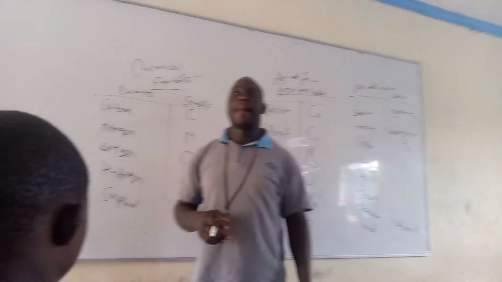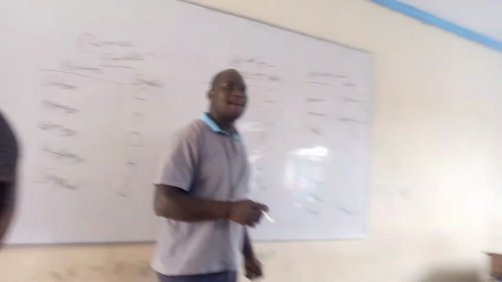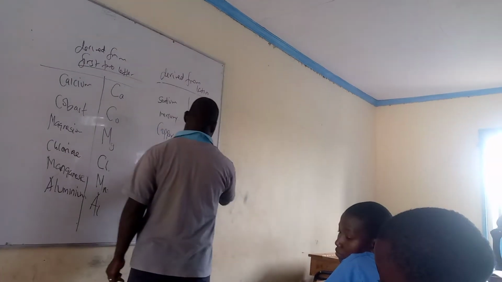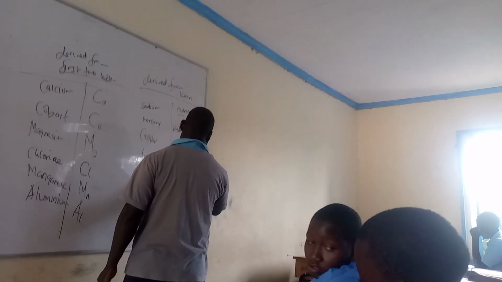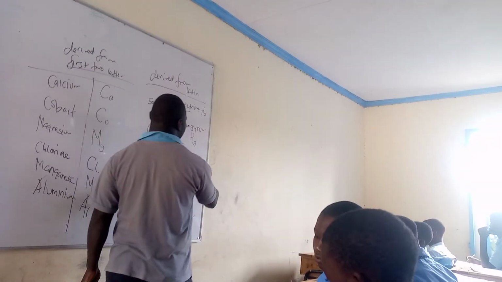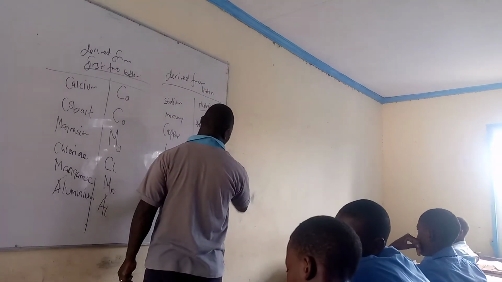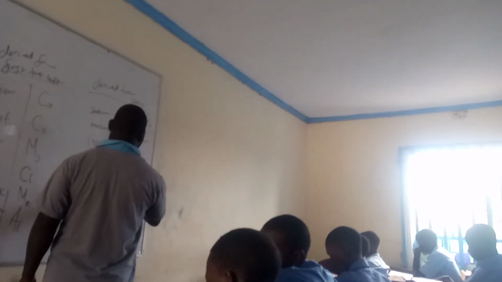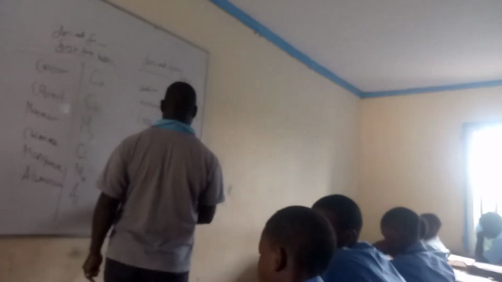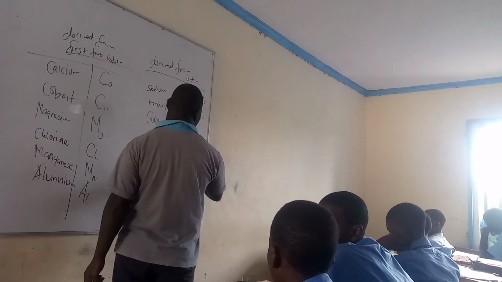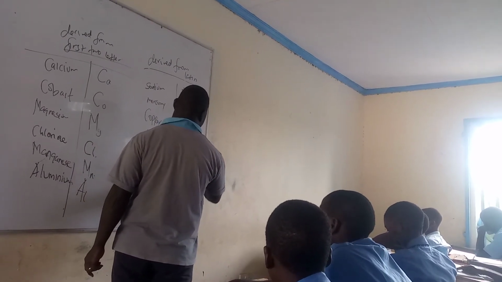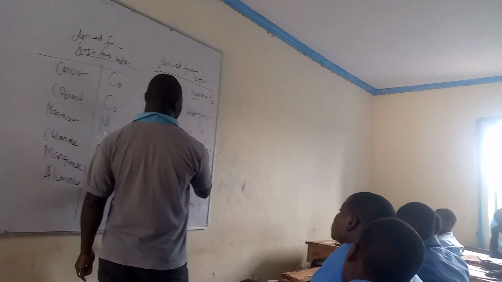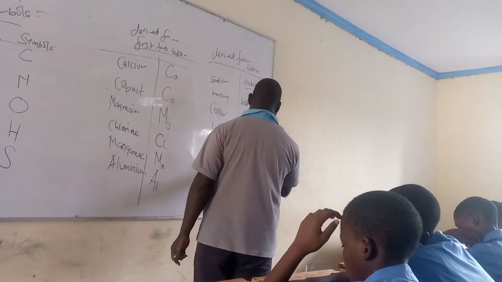For copper, cuprum. And therefore, the chemical symbol will be Cu. For iron, it is derived from the Latin ferrum, and therefore the chemical symbol will be Fe. What about gold? Aurum.